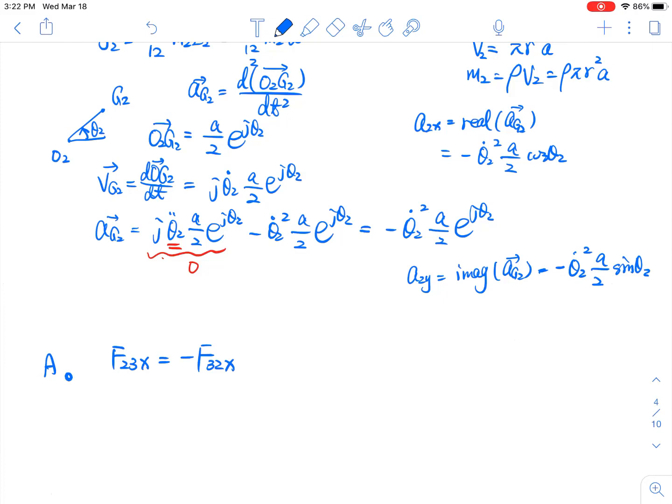So we have F23x equal to minus F32x. The same thing along y direction, we have F23y equal to minus F32y.